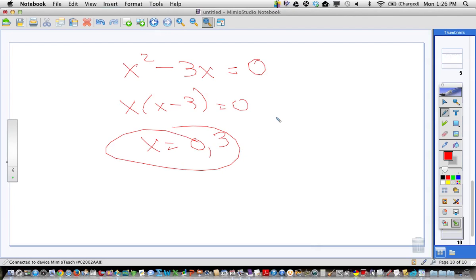However, if you did what this person in the other class did, on this problem you would add the 3x over to the other side. You would divide both sides by x. You would get x equals, right? You would lose the solution x equals 0.